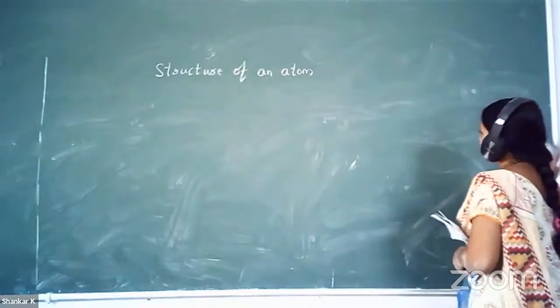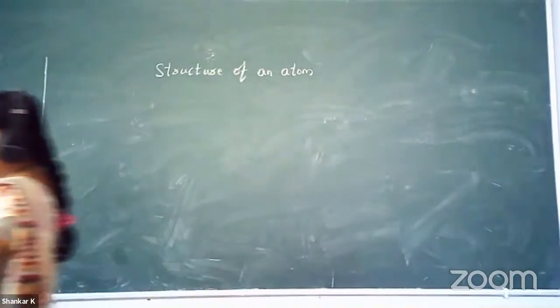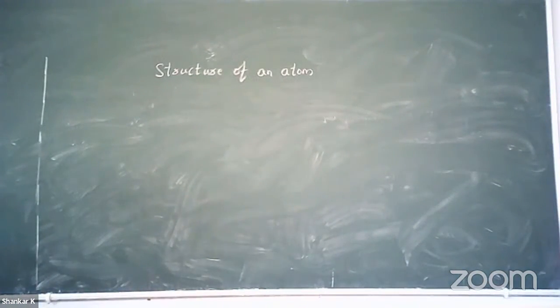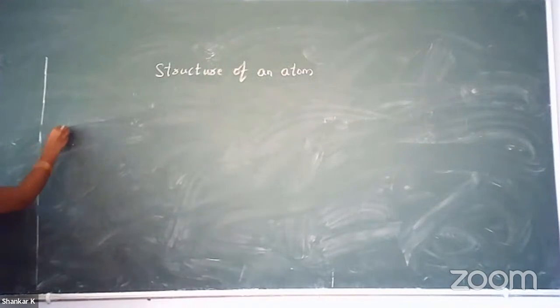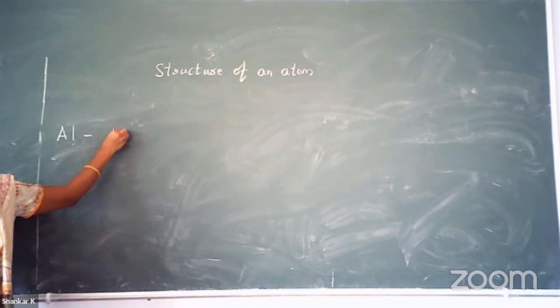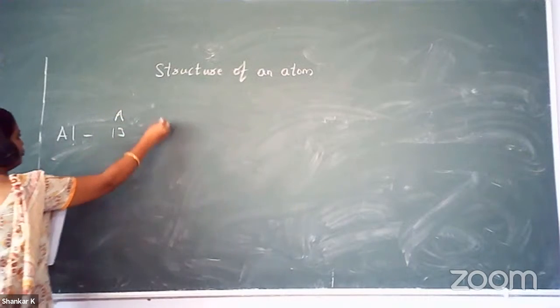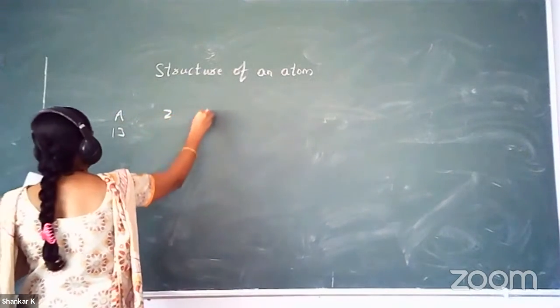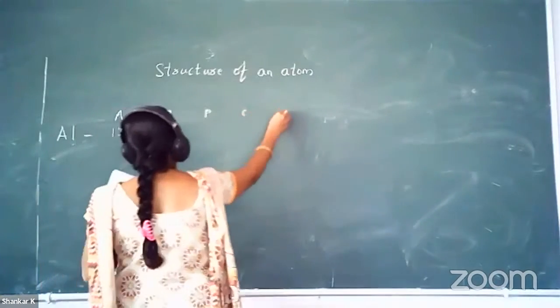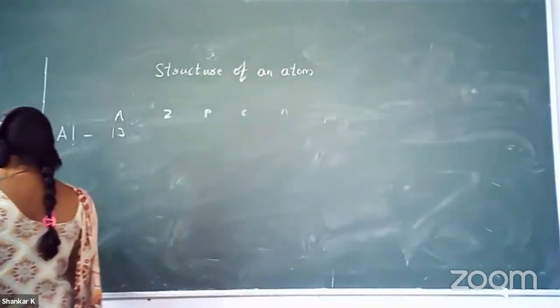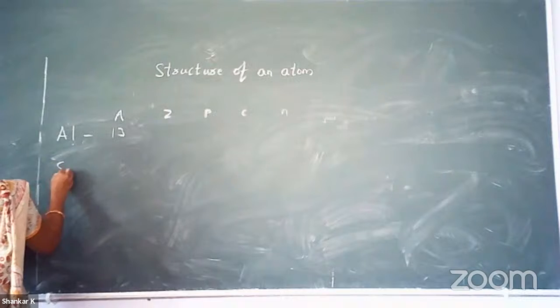Find the protons, neutrons, and electrons of these elements. I'm giving aluminum, it has atomic number 13. Now you find the atomic mass, protons, electrons, and neutrons of this element. And the next one is silicon.